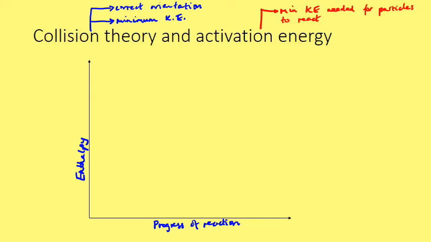So the reactants are going to have a certain level of enthalpy, and they're going to have this sort of reaction path here. So what we've got here is reactants, and here we've got products.